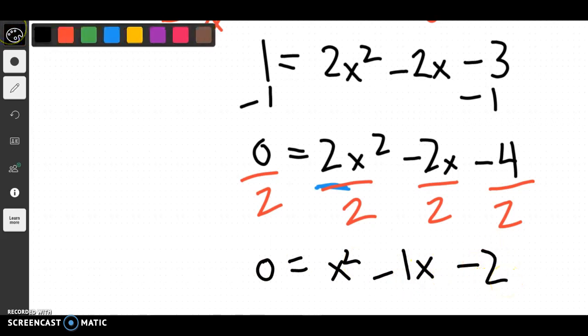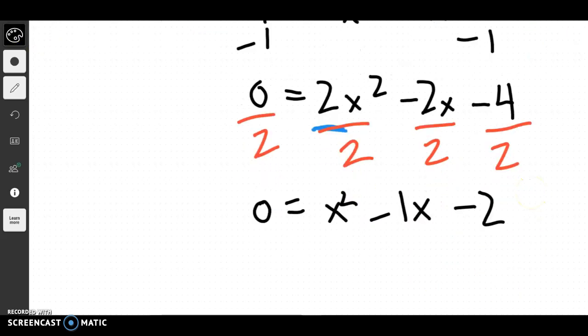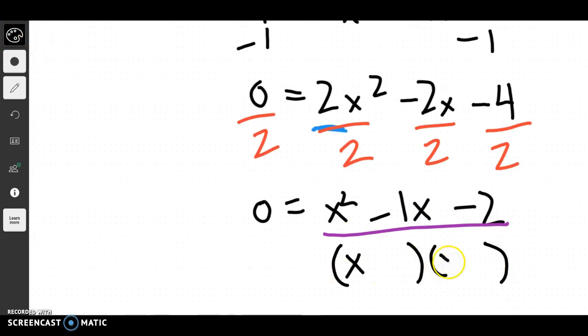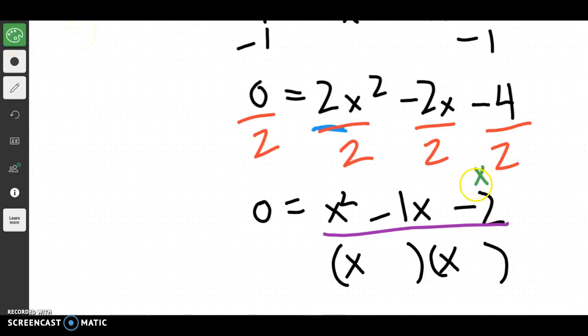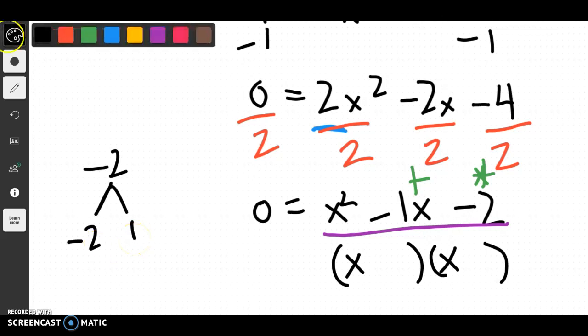And then we're going to do the same thing that we did before. We know that this thing right here is a trinomial, so it should multiply together to give me two binomials, so x times x would work. Now we're going to think about what multiplies together to give me this and adds together to give me this. So we'll take negative 2 off to the side. Well, there's only one thing that multiplies to negative 2, which is negative 2 and 1.